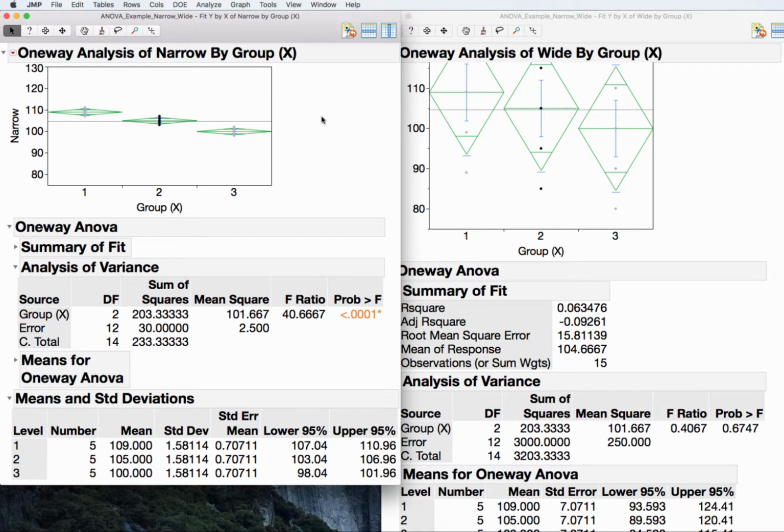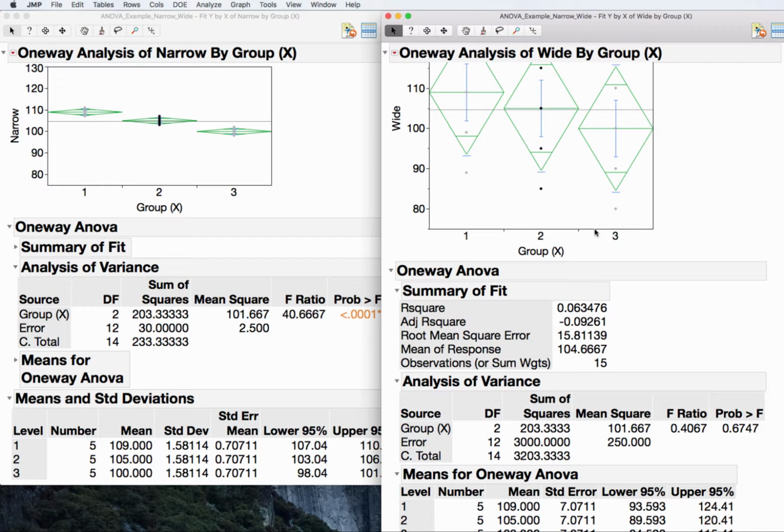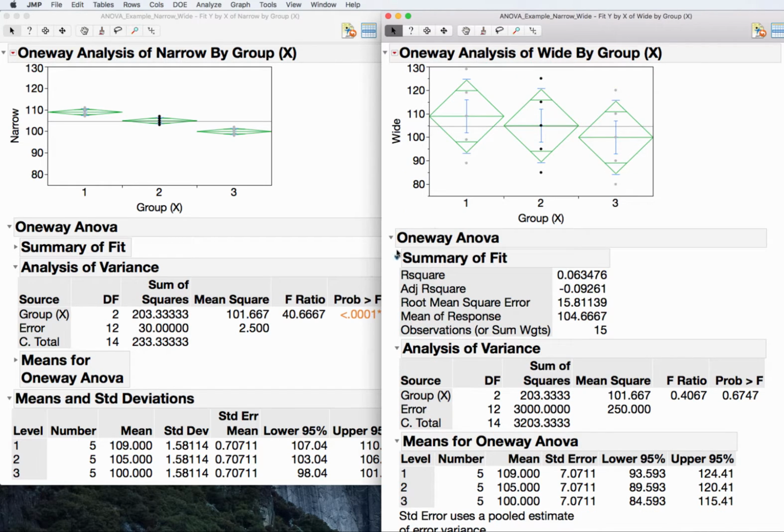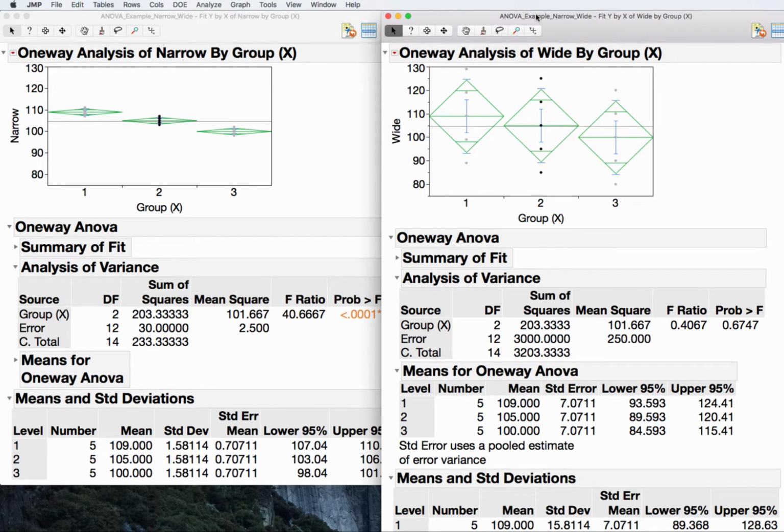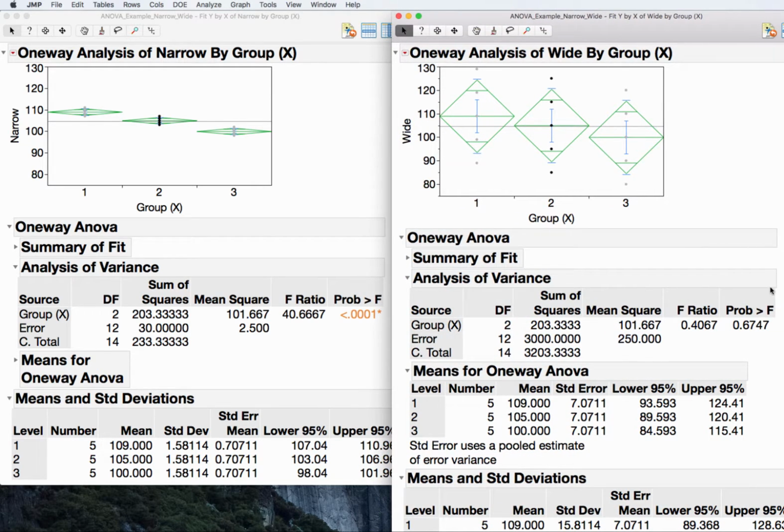If the answer is we need more than one mean, which is what is being indicated here, then we would need to do a follow-up test to determine do we need two means or three means. If you'll notice, between our groups here, the narrow is telling us that we have a difference, whereas the wide is telling us that we do not have a difference between the group means.